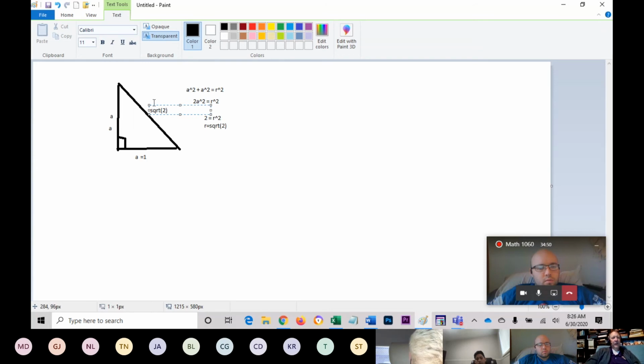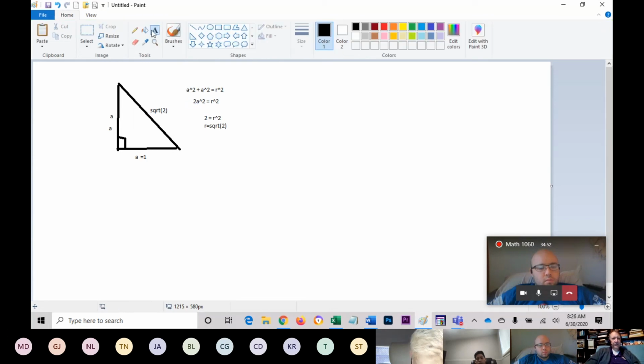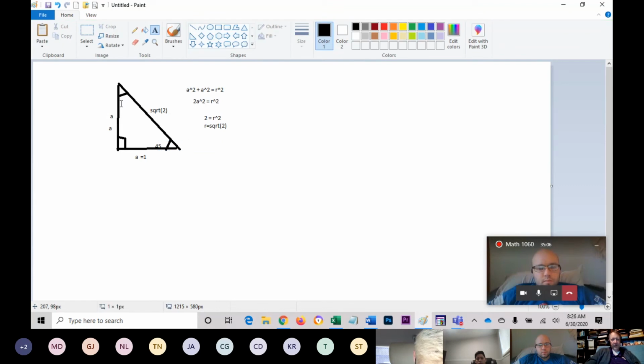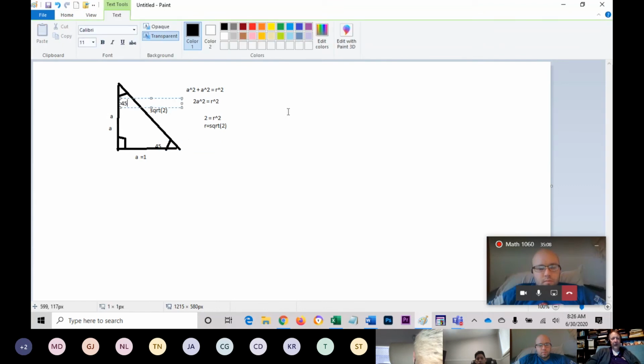Okay. Now, of course, in both cases, this angle here is going to be the same as that angle here. They're both going to be 45-degree angles. Well, 45 and 45. Okay.